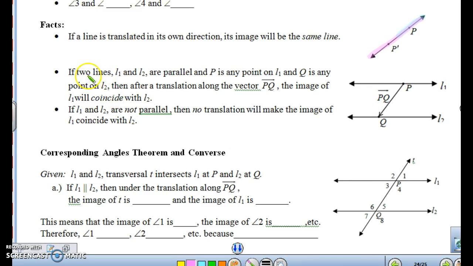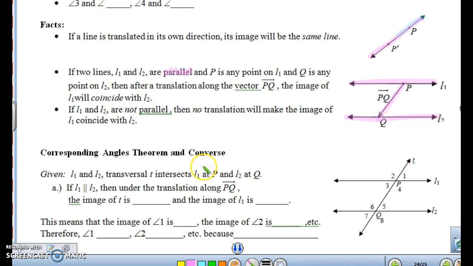Now, if two lines, L1 and L2, are parallel, and P is any point on L1, and Q is any point on L2, and I translate along the vector PQ, this line will end up on this line. If the lines are parallel, P ends up at Q, and you can see the image will coincide with L2.